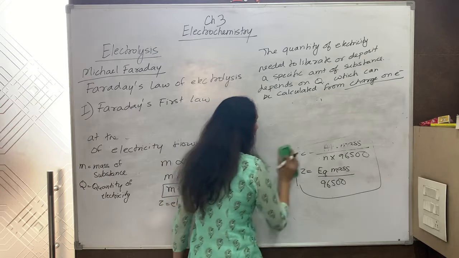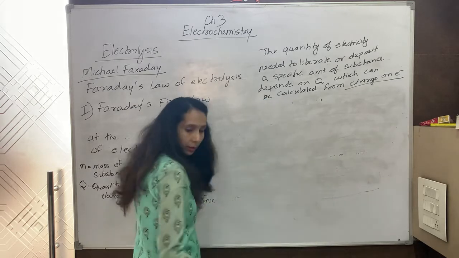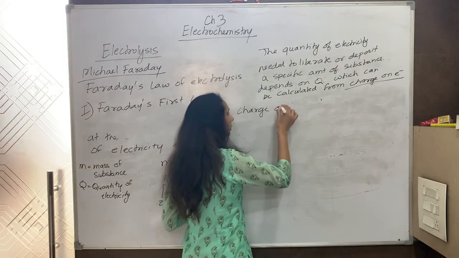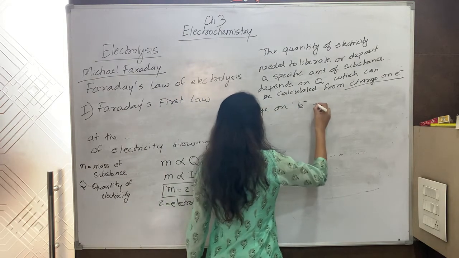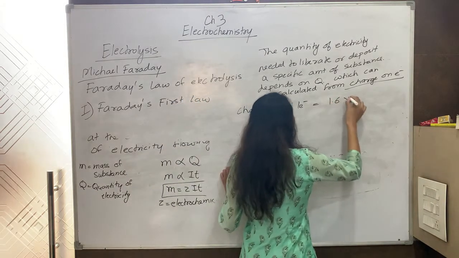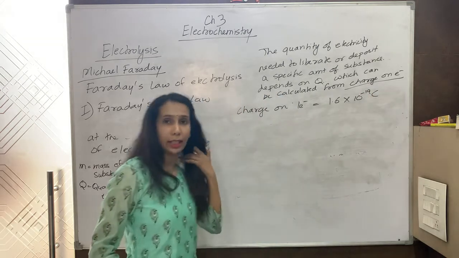For this we have done earlier also, and you know this also, the charge on one electron is 1.6 into 10 to the power minus 19 coulombs, the magnitude of charge. Obviously it is negative.